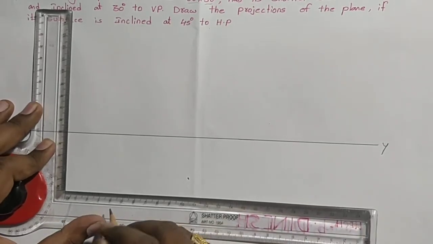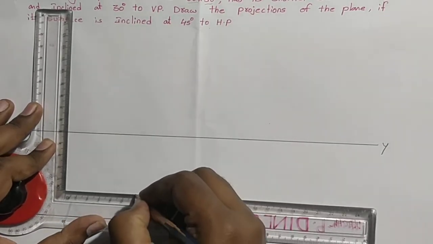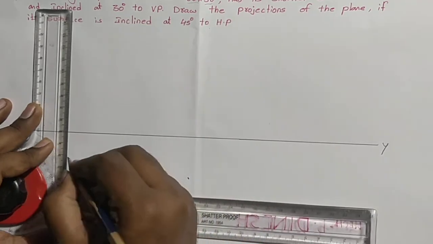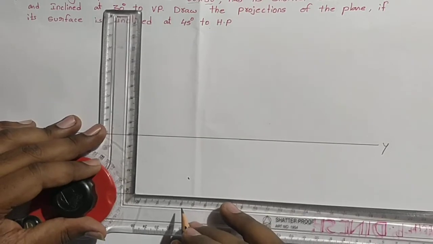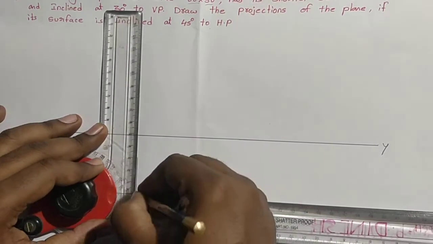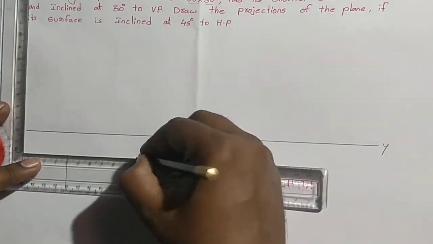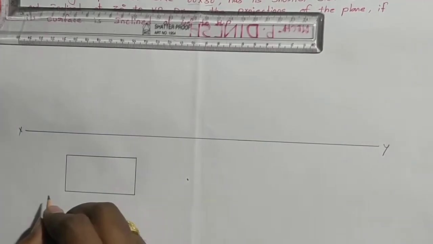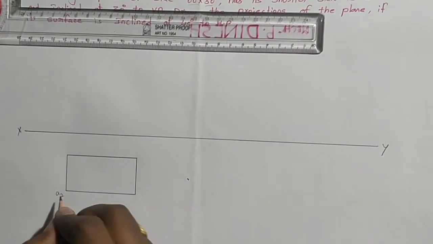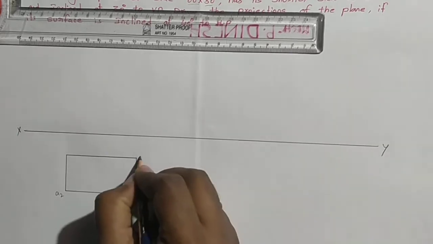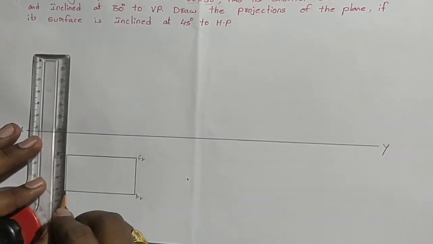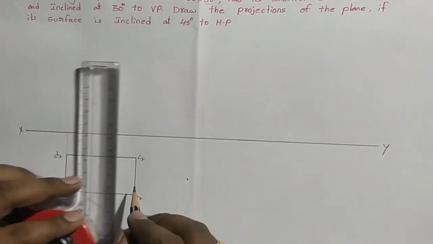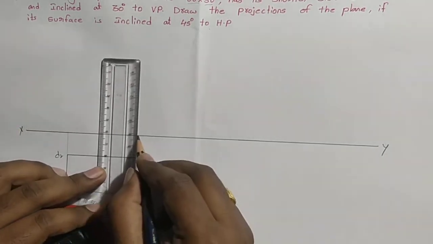First, the rectangular plane, that is 60 by 30. In front of VP the distance is not given, so I have taken some distance. It is our wish. I am taking this one as A2, B2, C2 and D2, and the shorter side is on HP, so I have taken this point on XY.